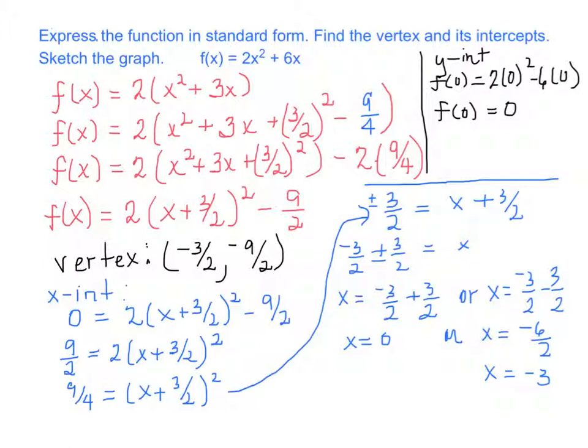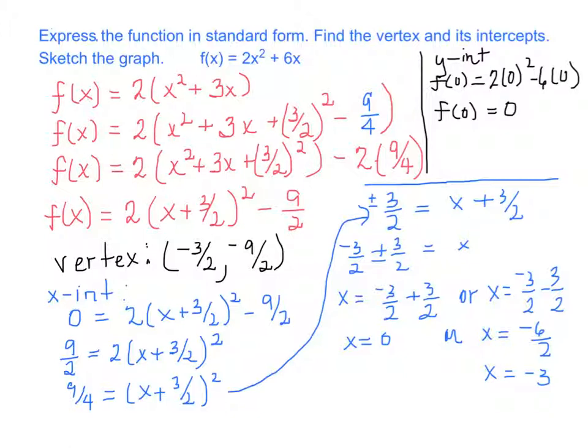And we can see that our perfect square is going to be x plus 3 over 2 squared. Notice how I leave the 3 over 2 in parentheses. That's so you can see when you write the perfect square that it'll just be x plus 3 over 2 squared.